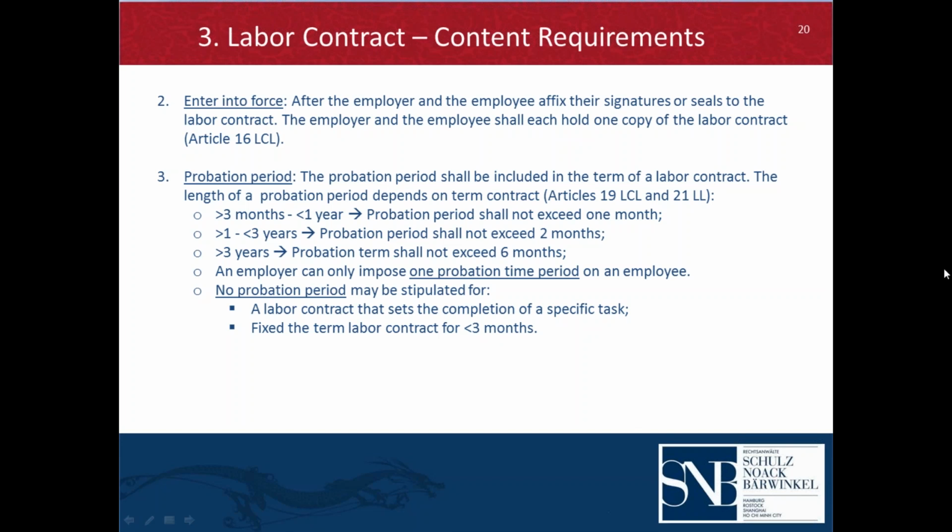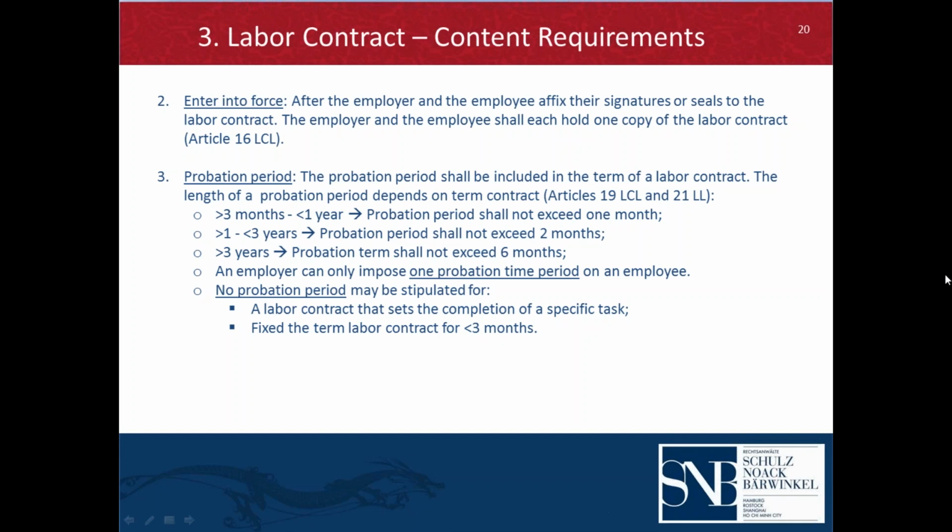If the term is 1 to 3 years, then the period shall not exceed 2 months. If the labor relationship is more than 3 years, the probation term shall not exceed 6 months. And you can only have one probation period for the employee.